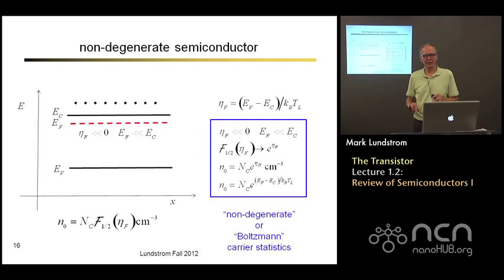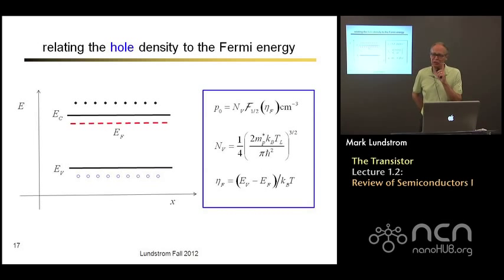Every now and then when we need to be more accurate, when we're analyzing experiments, then we'll resort to Fermi-Dirac integrals. Now you can do the same thing with holes. The Fermi energy here is near the conduction band, so we have a significant number of electrons in the conduction band, but there are a few holes, and the separation between the Fermi level and the top of the valence band determines how many.